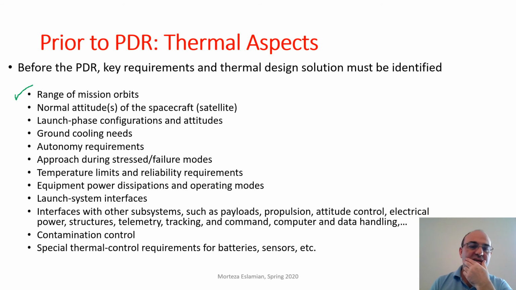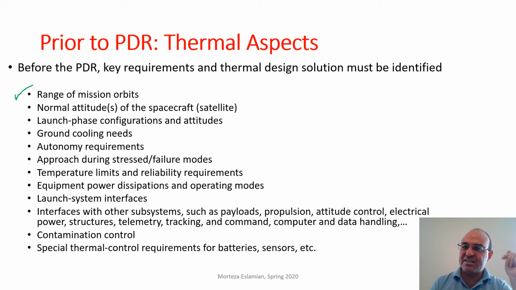For instance, if it's a satellite, what is the range of the orbits of the satellite, from the parking orbit, from the launch phase, to the final operational orbit? Is it going to go to the moon? What's the range of the mission? Because all of these ranges will affect the thermal load, and based on that the thermal solution will change.